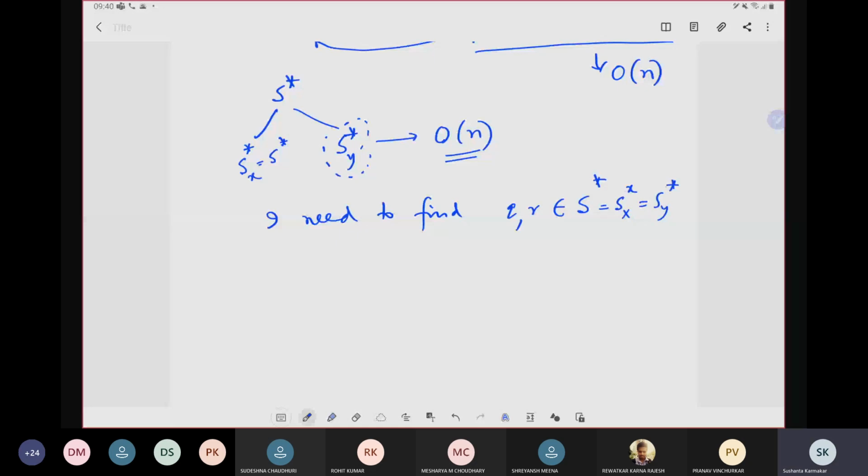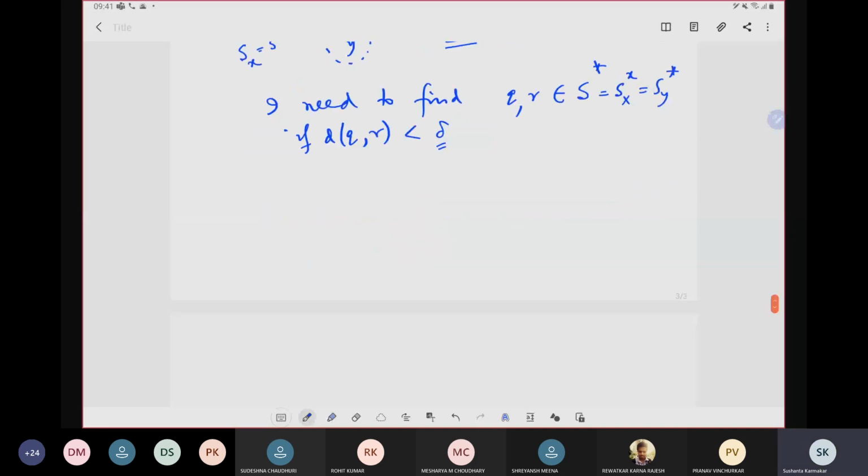I just need to find these 2 points such that if the distance of QR is less than delta, I just need to check that, because if I find them, that means I have a new closest pair. If I don't find them, I just declare the points that resolve this delta as the closest pair overall.